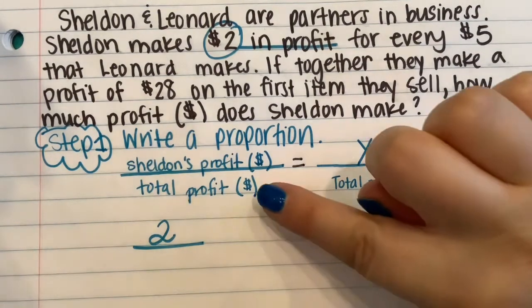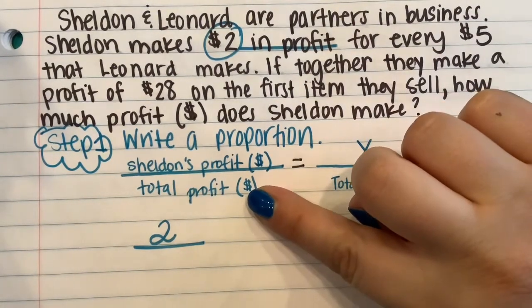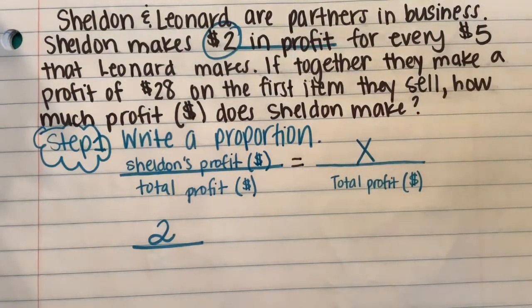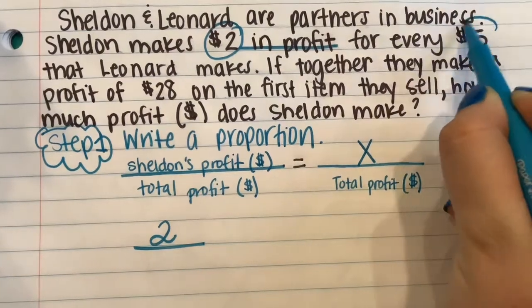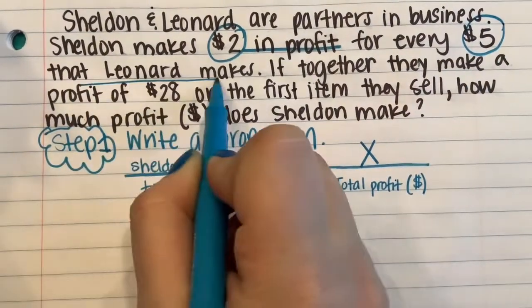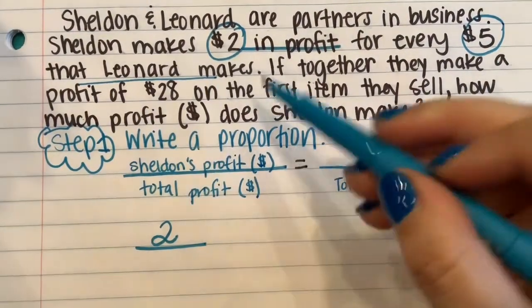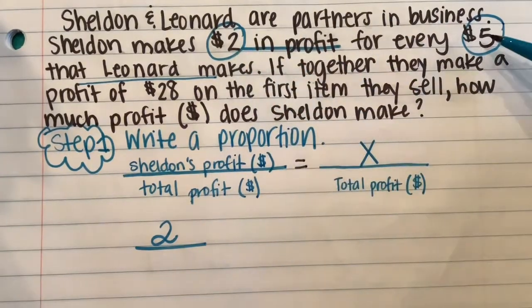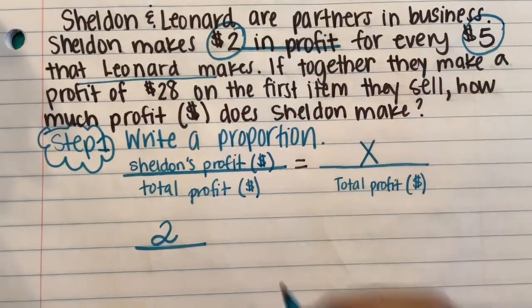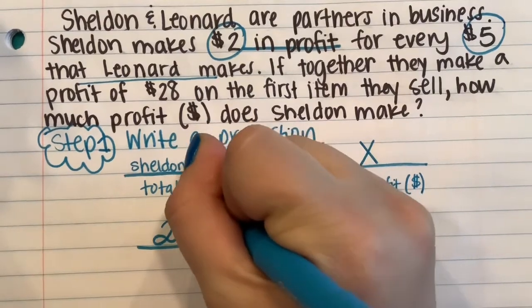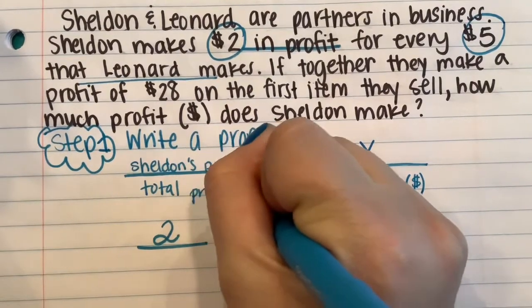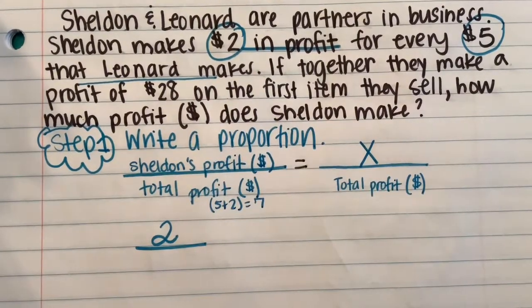Now on the bottom of that fraction, I need to figure out the total profit. So here, I'm going to continue reading my problem. For every $5 that Leonard makes. So I need to take my 2 from Sheldon and add it to the 5 from Leonard. So I'm going to show what I'm doing here. 5 plus 2 equals 7. So that's where I'm getting my bottom number.